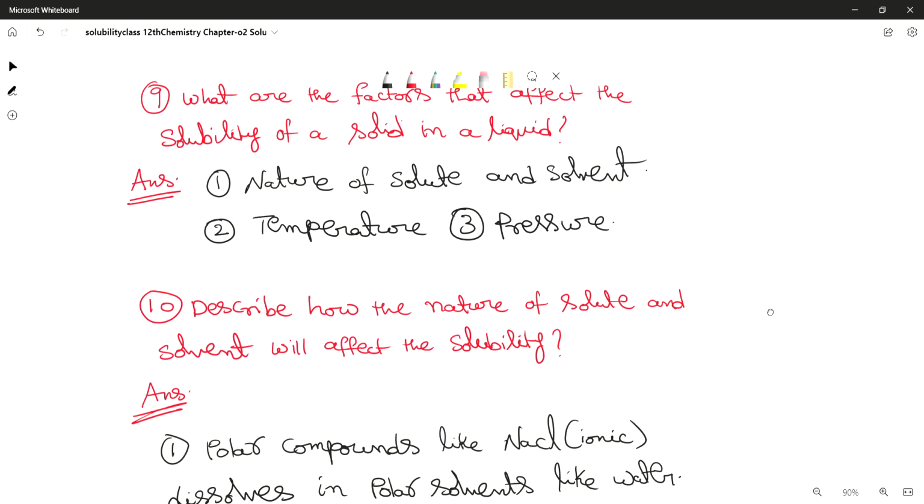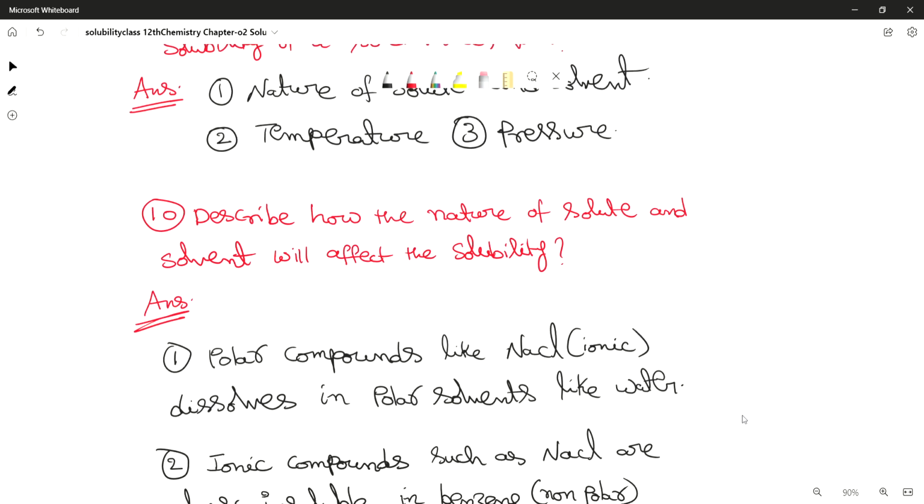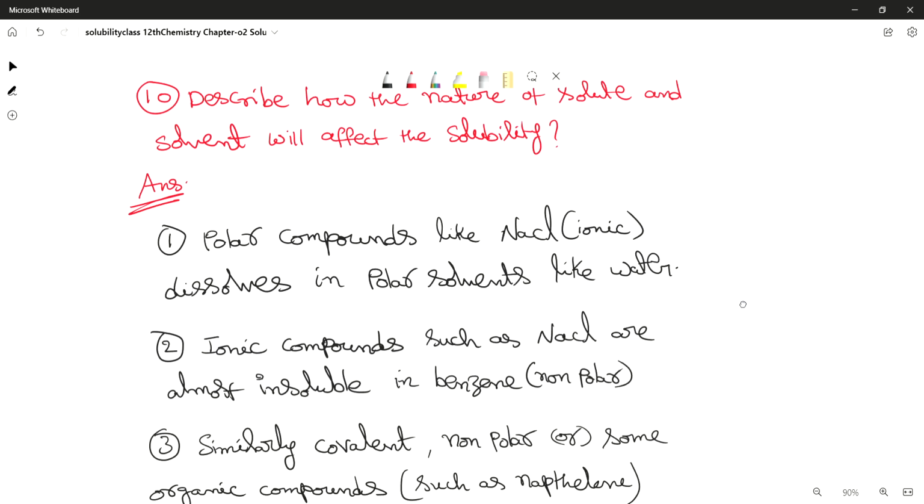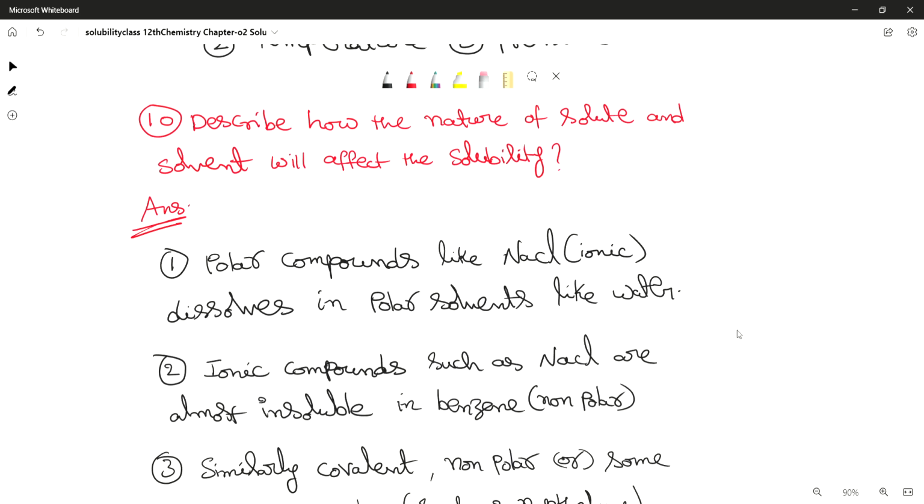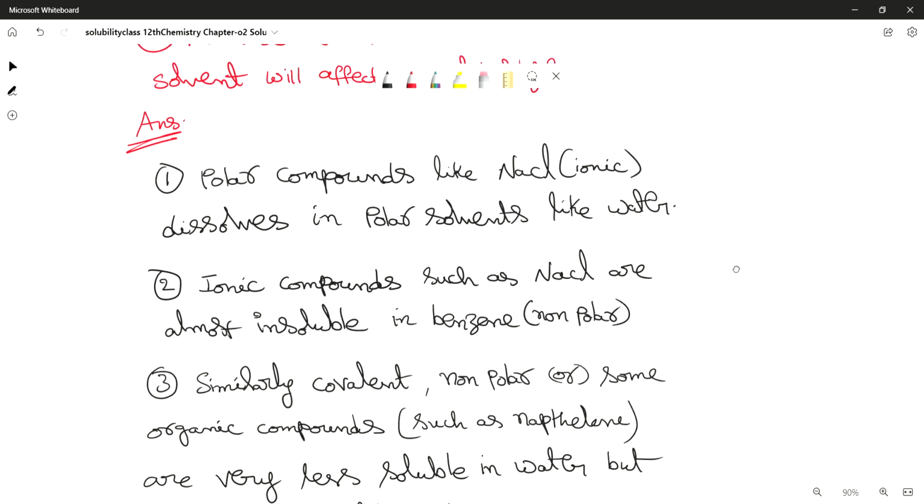Now describe how the nature of the solute and solvent affects the solubility. Polar compounds like NaCl, that is ionic compounds, dissolve in polar solvents like water. There is a principle called like dissolves like. Based on that principle, ionic compounds such as NaCl are almost insoluble in benzene, which is a non-polar solvent.